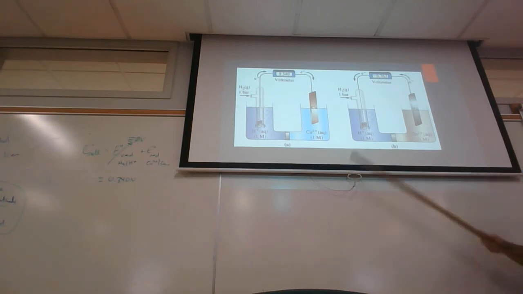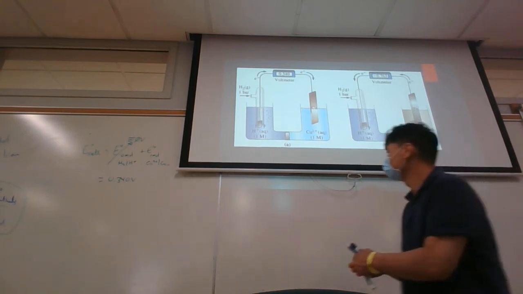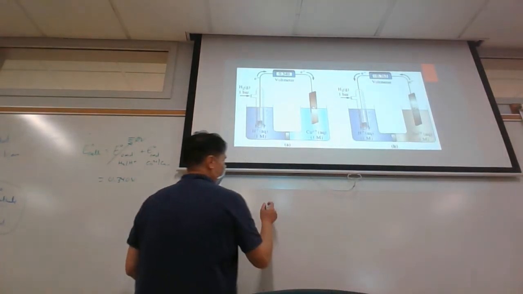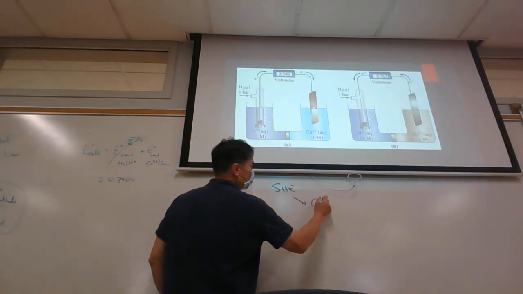And so what we're going to do here is the same thing, we're going to just measure. If the SHE is the cathode, then this is still 0 volts, defined as 0 volts. And so here, this was the other branch. This is going to be the cathode.